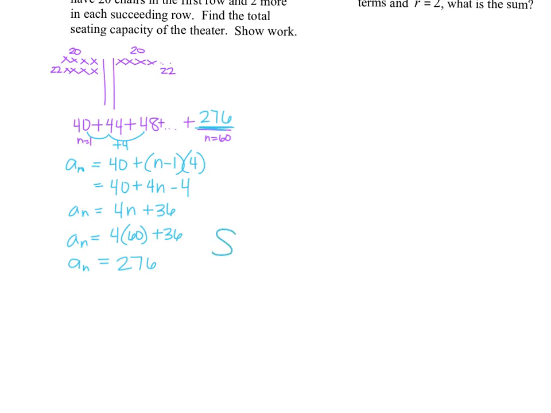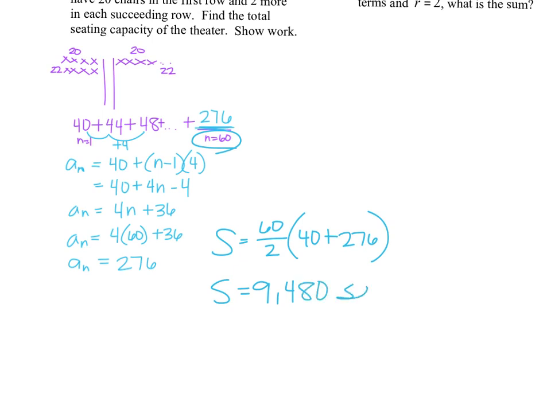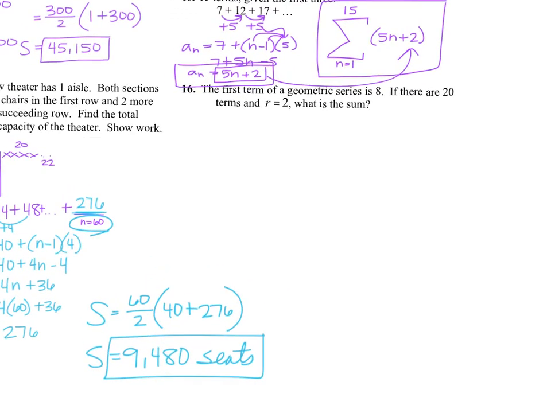So our sum formula for an arithmetic is going to be n, which is 60, over 2 times the first term plus the last term. And when you plug that in, you get a sum of 9,480 seats.